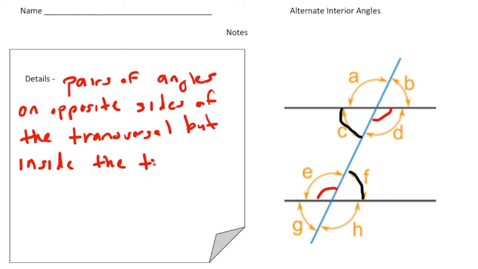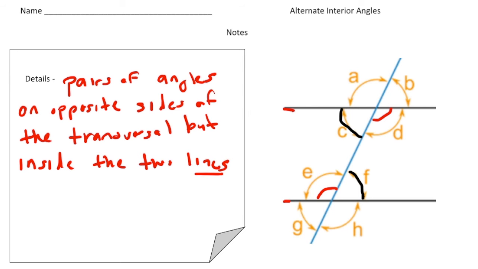Again, the two lines that we're referring to are the parallel lines, the line here and then the line here. If you notice, angle D is obtuse, and angle E is obtuse because they have the exact same angle measurement.